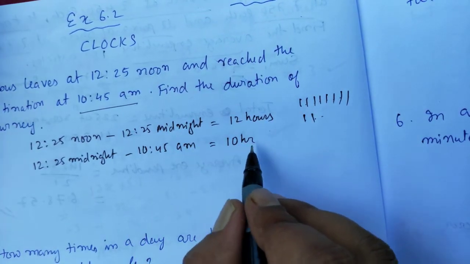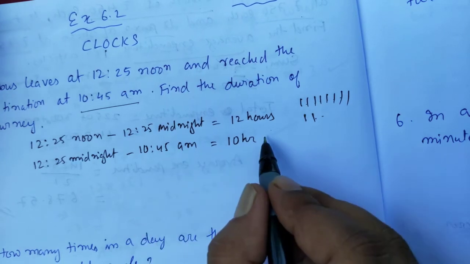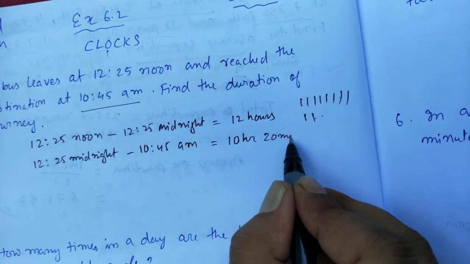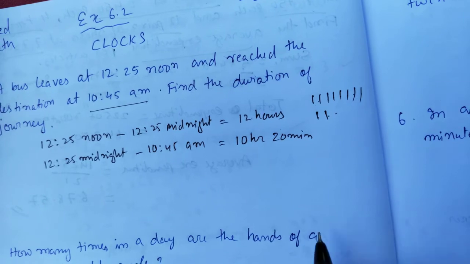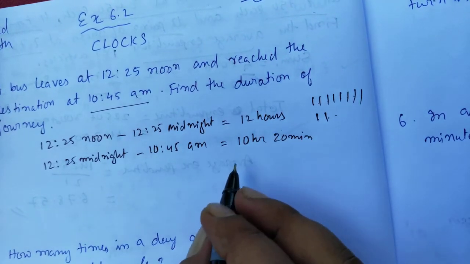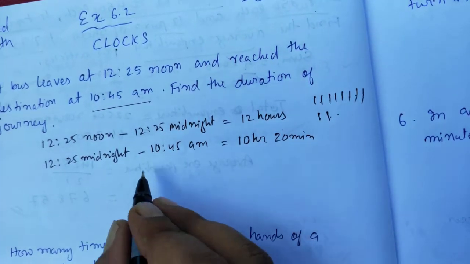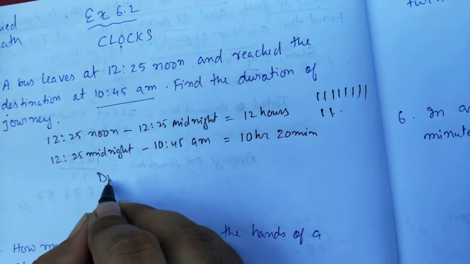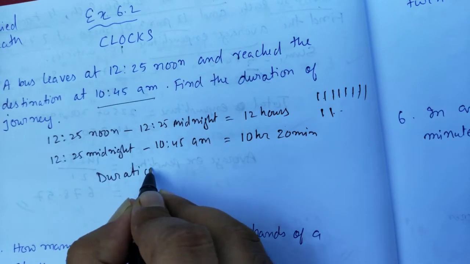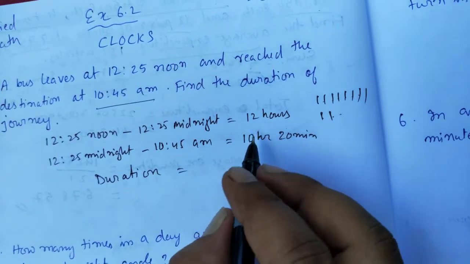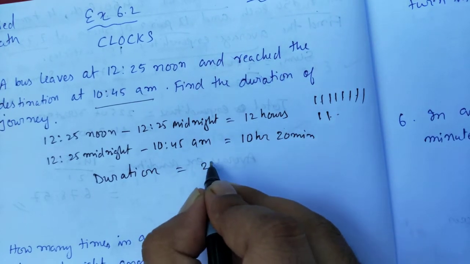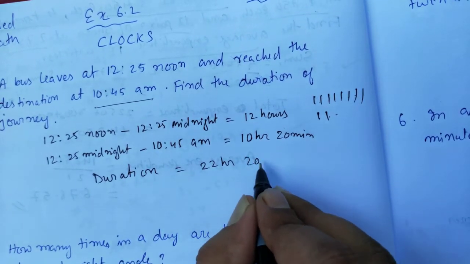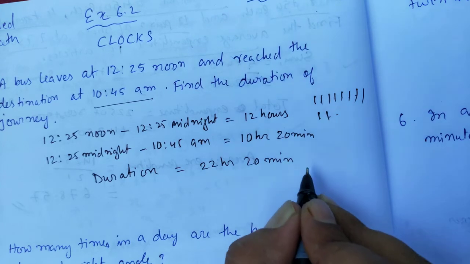Till 10:25 is 10 hours, okay? And 20 minutes left. So the total duration, you have to add both, so that will be 22 hours 20 minutes.